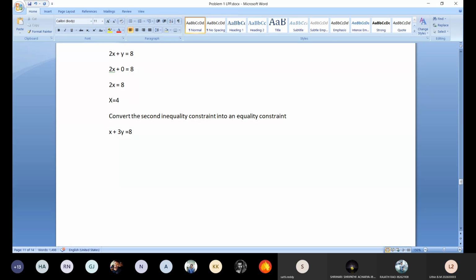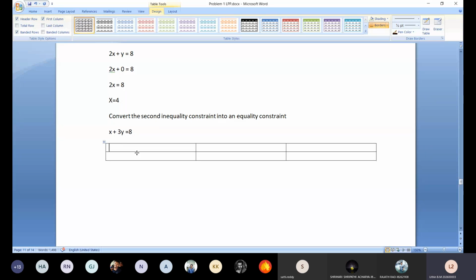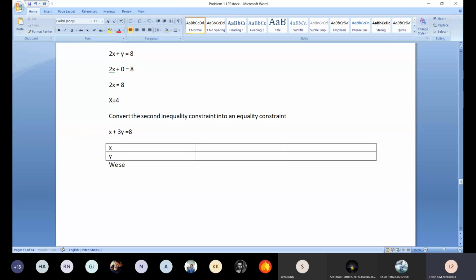Now we have to write the corner points for the second constraint, x and y. We set x equals to 0 and find out y.